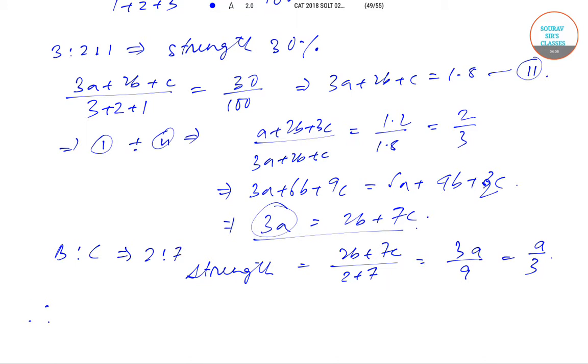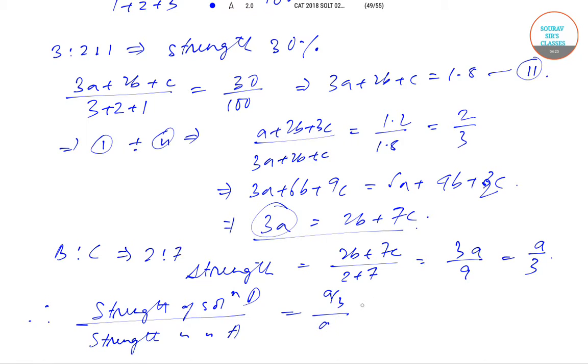And now we need to find out the ratio of the strength of solution D divided by the strength of solution A. So this will be equal to A by 3 upon A, and the ratio is 1 by 3, which is option 4. The fourth option is correct over here. So this is how you solve this question, which came in the CAT question paper.